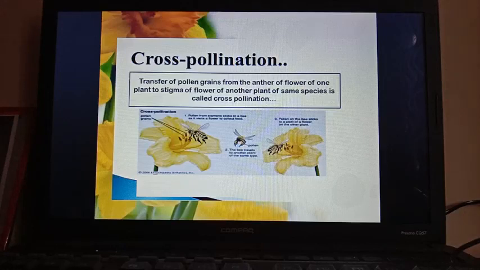Then pollination cannot be possible. Then fertilization cannot be possible. So the species should be the same. From here you can make the difference between self and cross pollination also. So students, today this much.